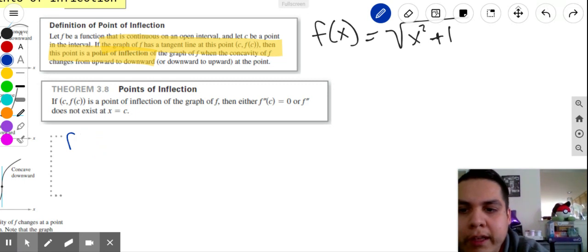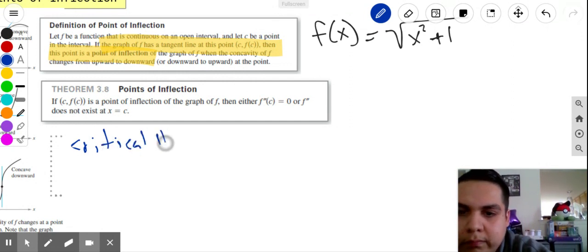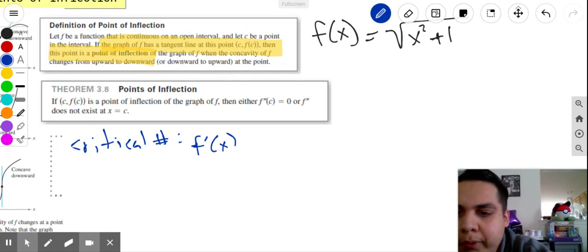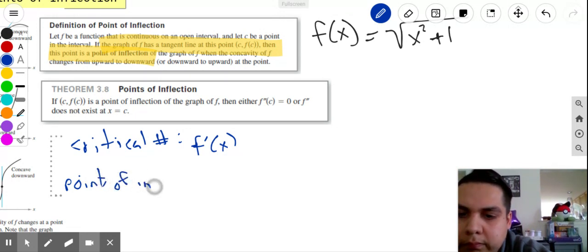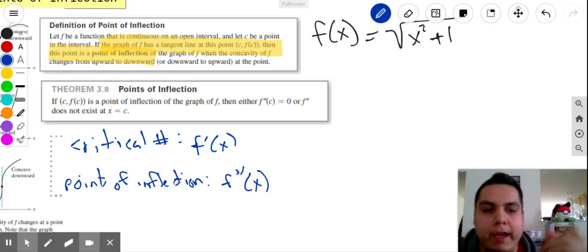I want to say that the critical number is to f prime of x as the point of inflection is to f double prime of x, right?